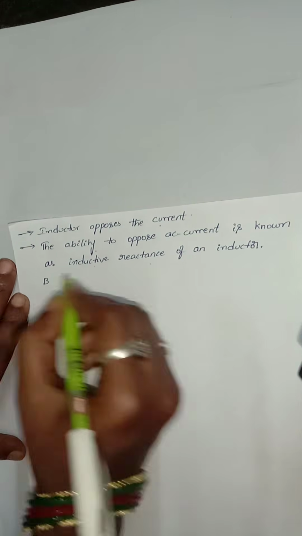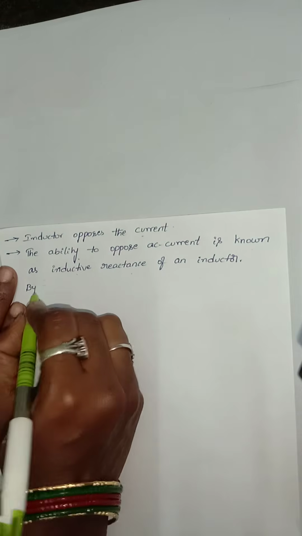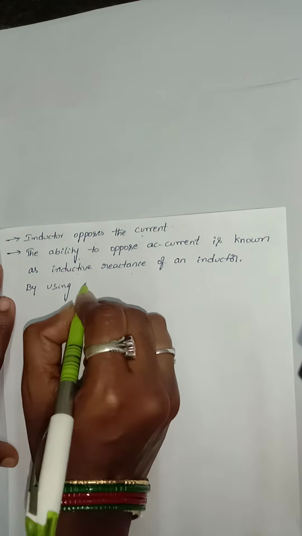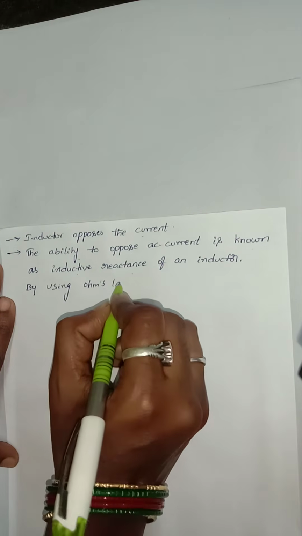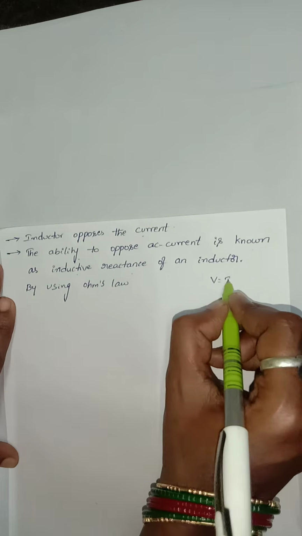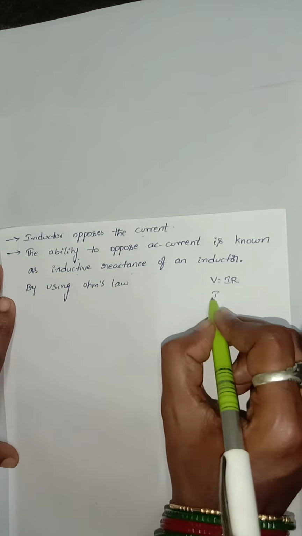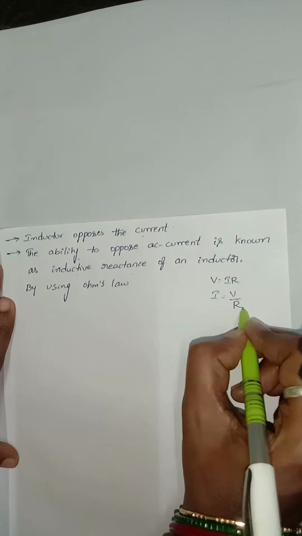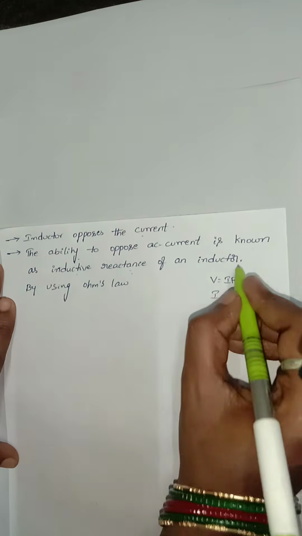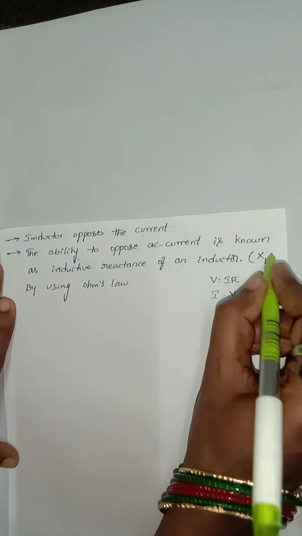By using Ohm's law, V is equal to IR, I is equal to V by R. Here the inductive reactance is denoted by XL.